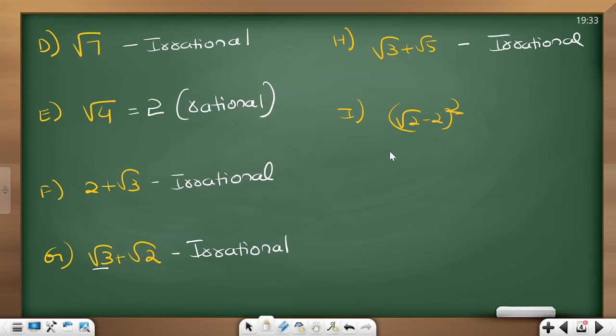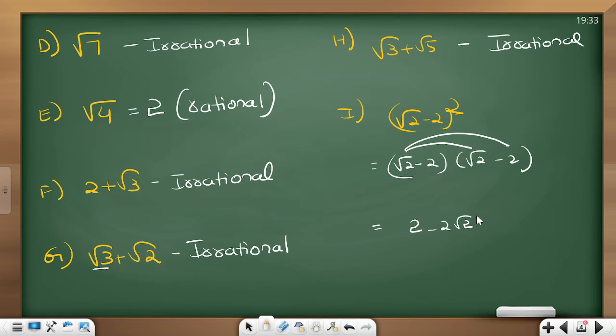Now see the I bit, root 2 minus 2 whole square. So that's nothing but root 2 minus 2 into root 2 minus 2. So root 2 into root 2 is 2. Root 2 into minus 2 is minus 2 root 2.